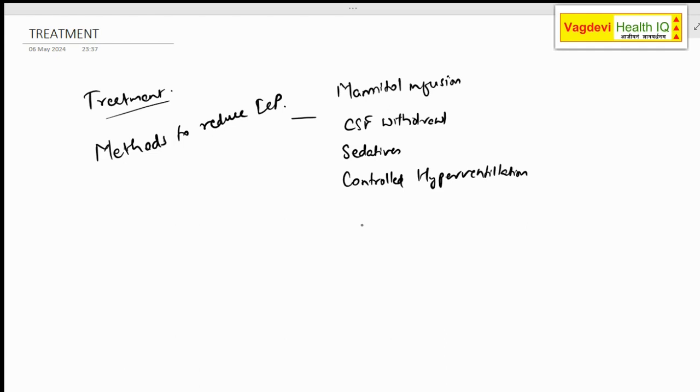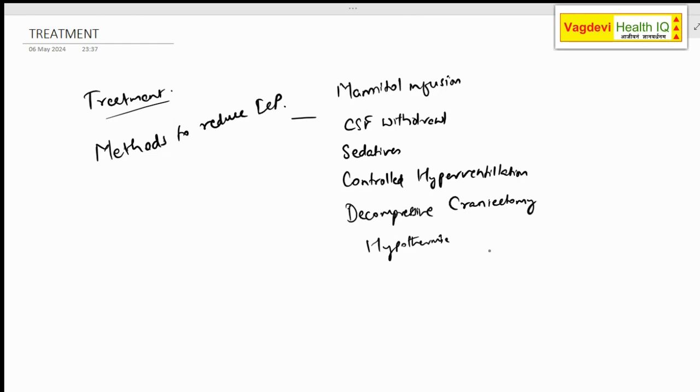Okay, so apart from that, decompressive craniectomy, hypothermia. You remember all these methods, please. Hypothermia is a condition, but it is also a method of reducing ICP.